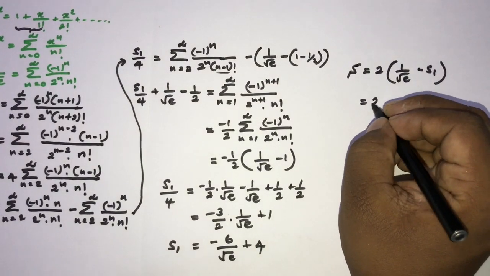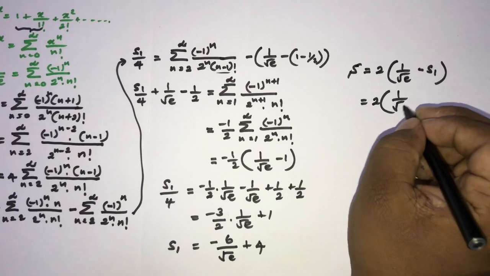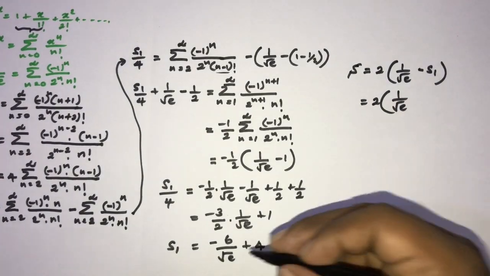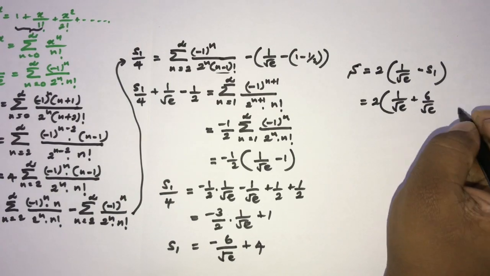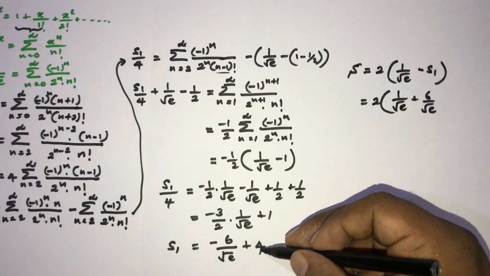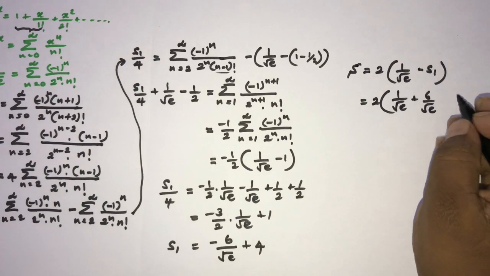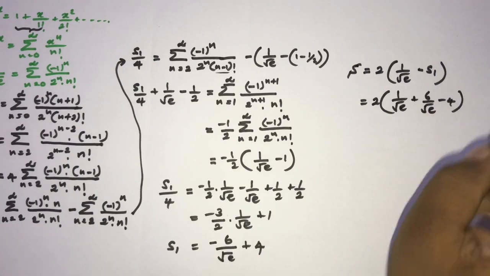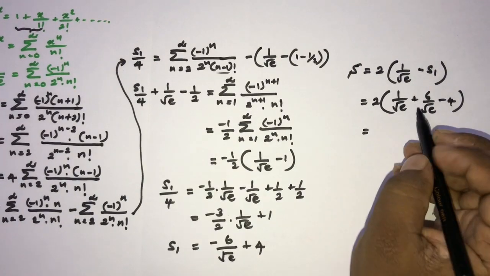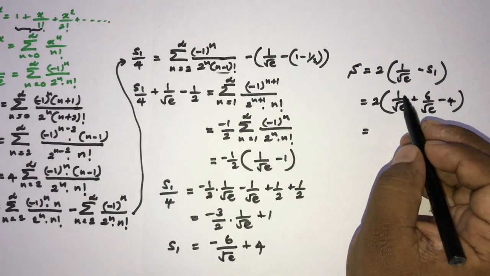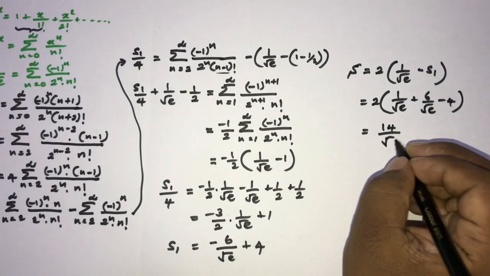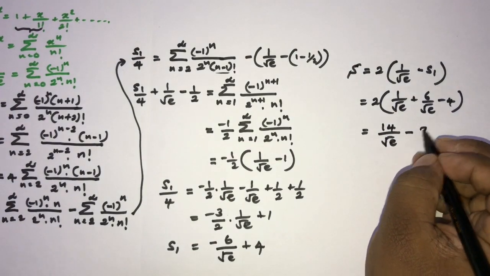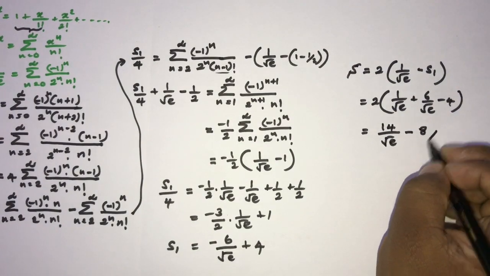So 2 times 1 over square root of e, here minus, so here minus, so plus 6 over square root of e, then minus 4, so minus 4. Now 2 times here, 6 plus 1 is 7, so 14 over square root of e minus 8. Okay, this is the answer.